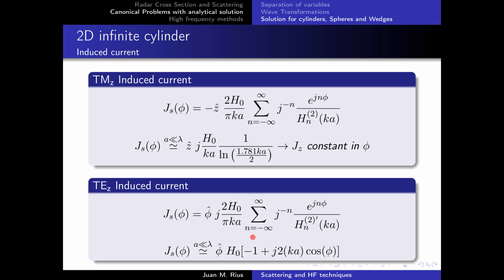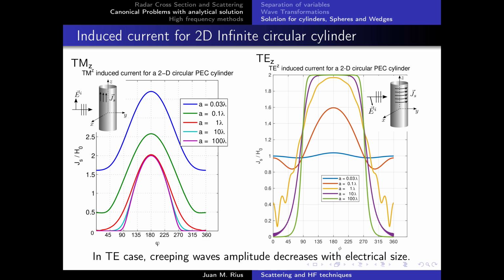So again we get, for a small argument, a current that is almost constant with respect to the phi coordinate around the cylinder. We can see the plots of the current for different phi coordinates as a function of the phi coordinate around the cylinder.